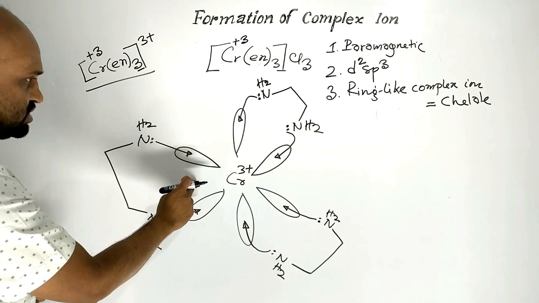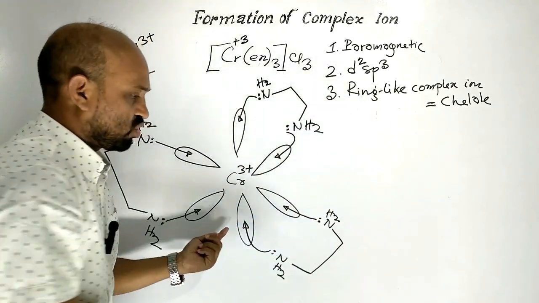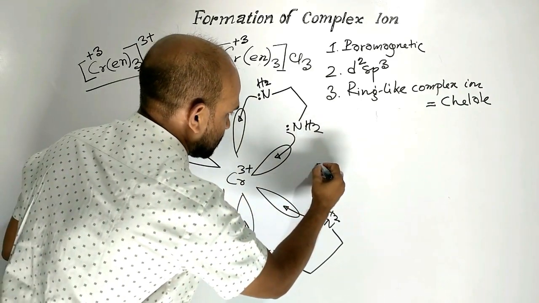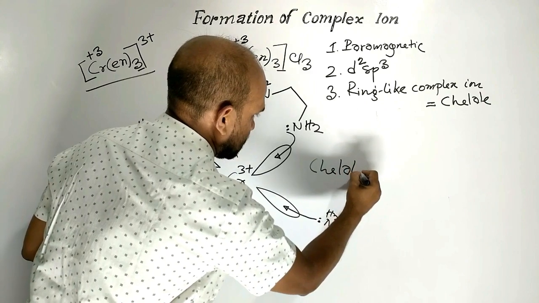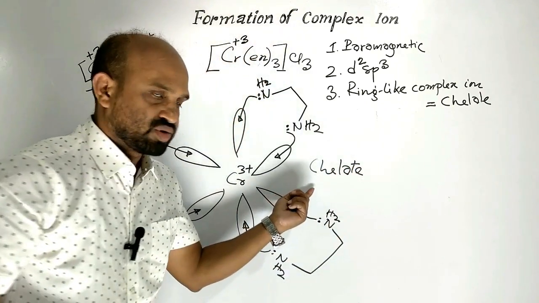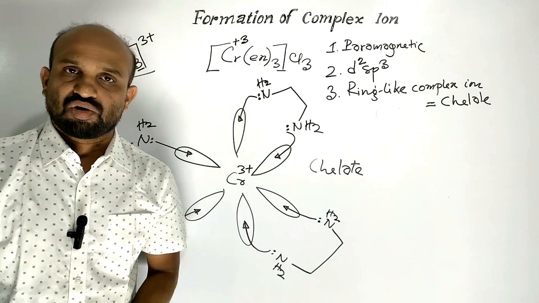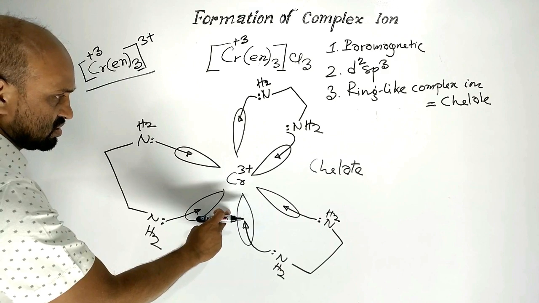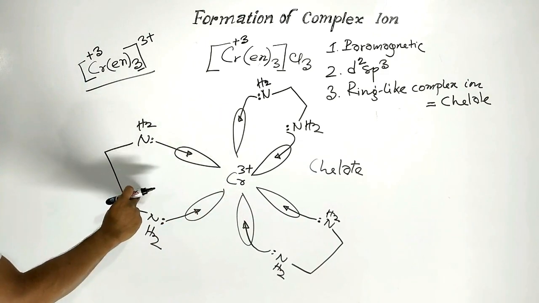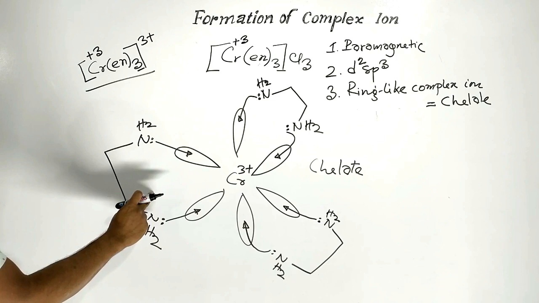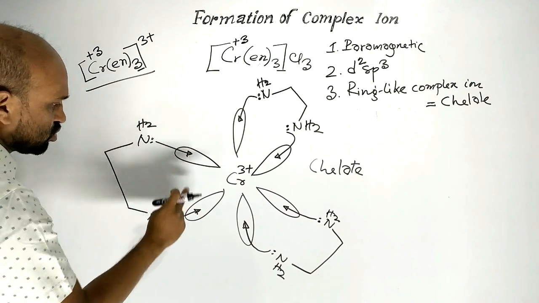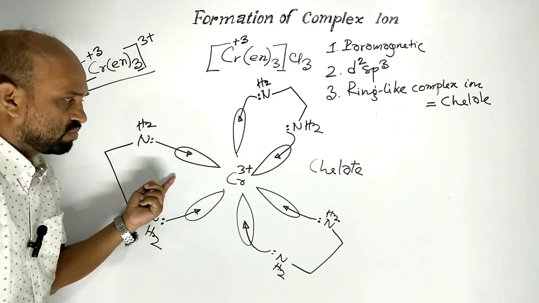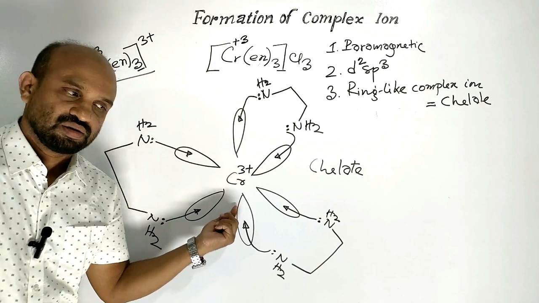Here, this is a ring-like complex ion. A ring-like complex ion is called a chelate. So all ring-like complex ions are known as chelates. So this is a kind of chelate in which the ligand ethane 1,2-diamine forms two coordinate covalent bonds to the hybrid orbitals of chromium 3 plus ion.